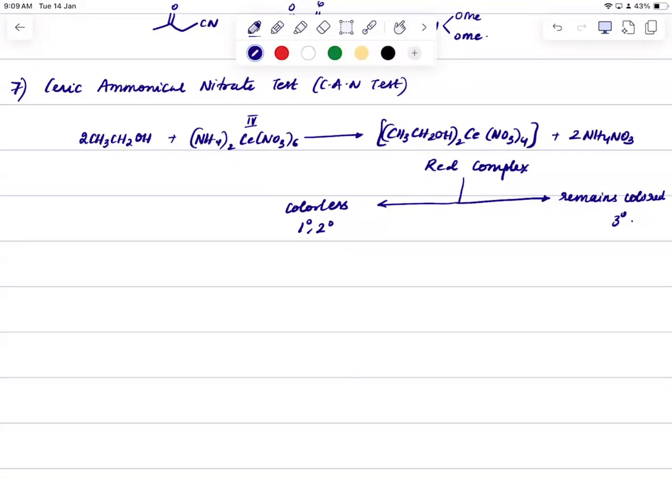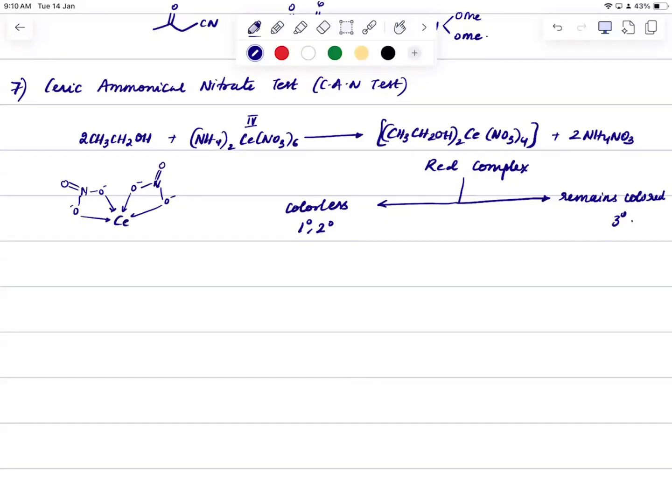Other thing, cerium here is connected with NO3 like this, N double bond O, O minus, and O minus. It is coordinating from oxygens like a chelate, bidentate.